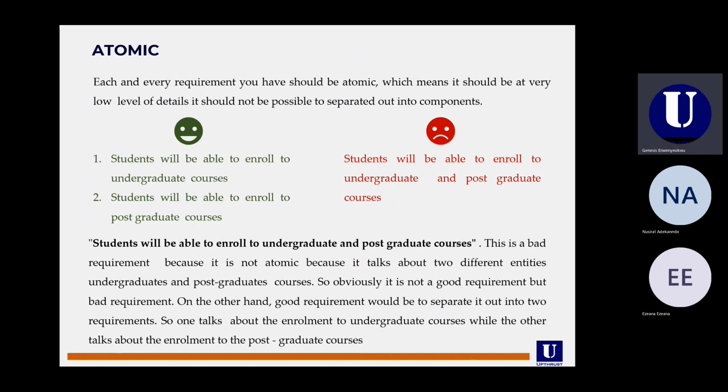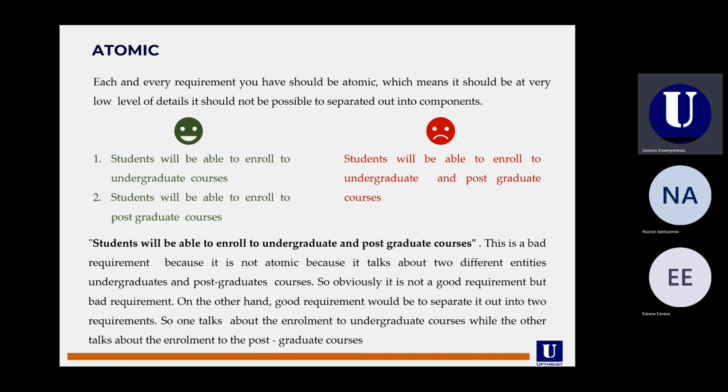Now, a bad requirement in this instance would be that students will be able to enroll to undergraduate and postgraduate courses, right? So we have a requirement that says students should be able to enroll to undergraduate and postgraduate courses.